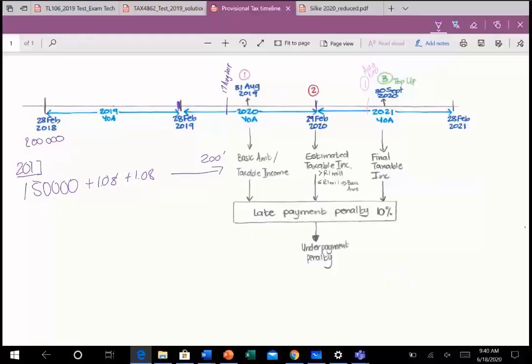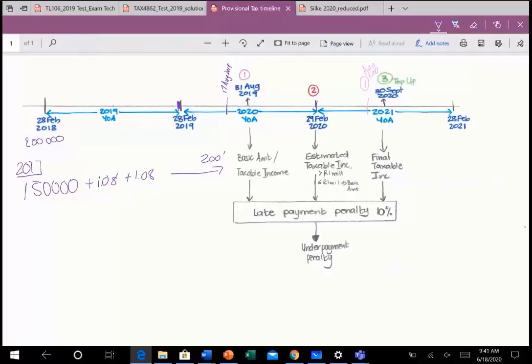You can use a basic amount still, okay? But that is only if it is less than or equal to R1 million. So if the taxable income exceeds R1 million, you cannot use basic amount. You have to use an estimate of taxable income.